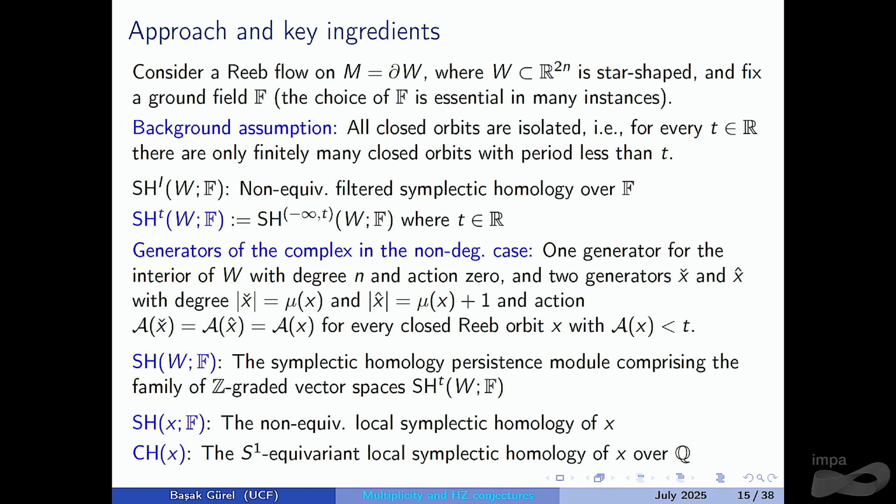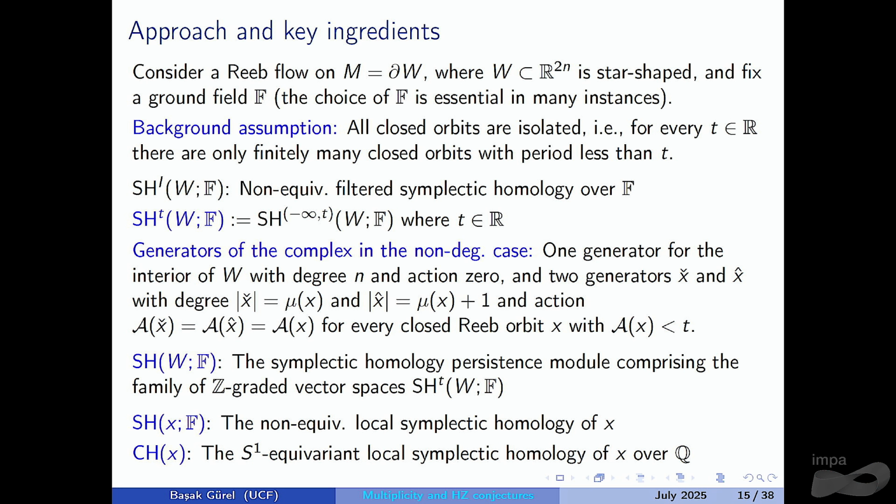Okay, so now let me tell you a little bit about our approach to the whole thing. This is just to set notation, so one doesn't need to read it seriously. This background assumption is just the fact that the closed orbits are isolated.